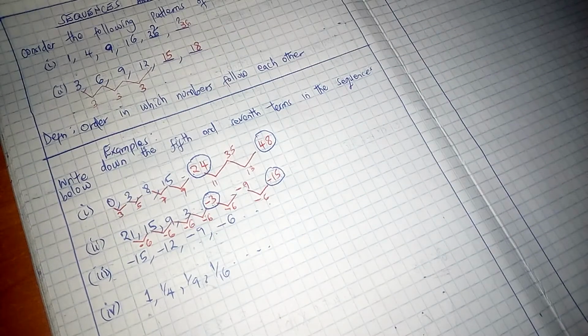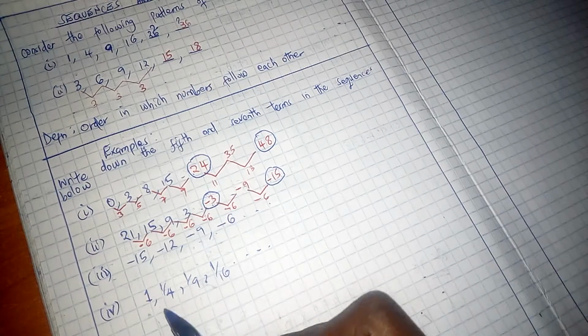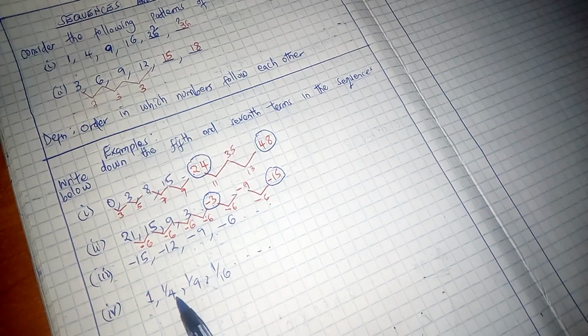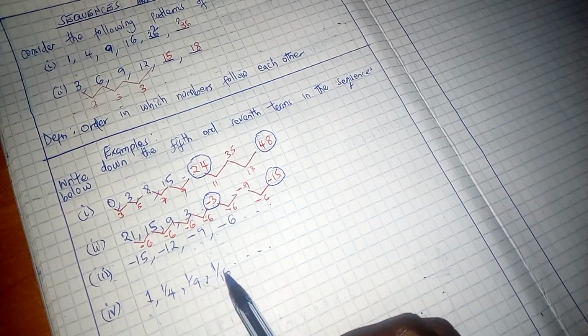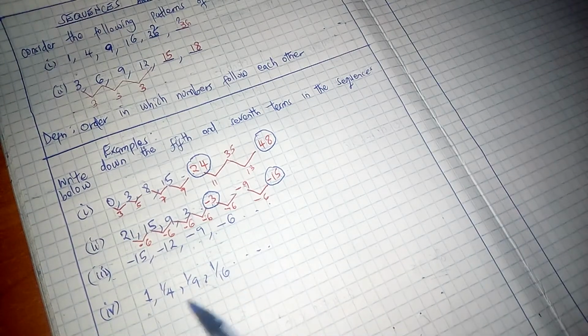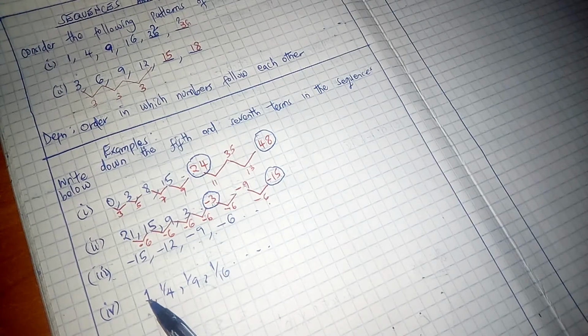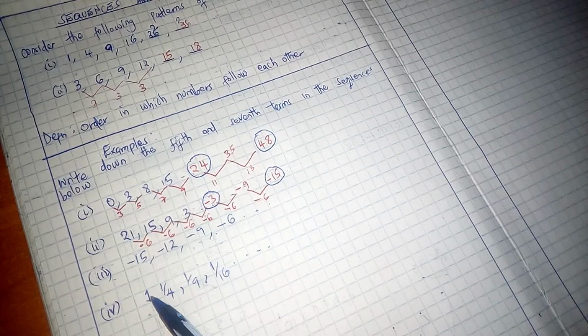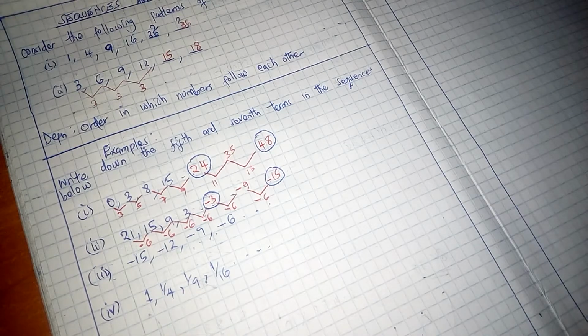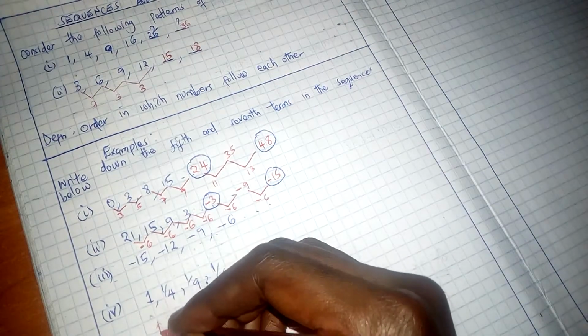When you look at example 4, you realize that from 1 to a quarter to a ninth to 1 over 16, there is no constant term that you're either supposed to add or subtract. However, you realize that 1 is the square of a number, and that number is 1.